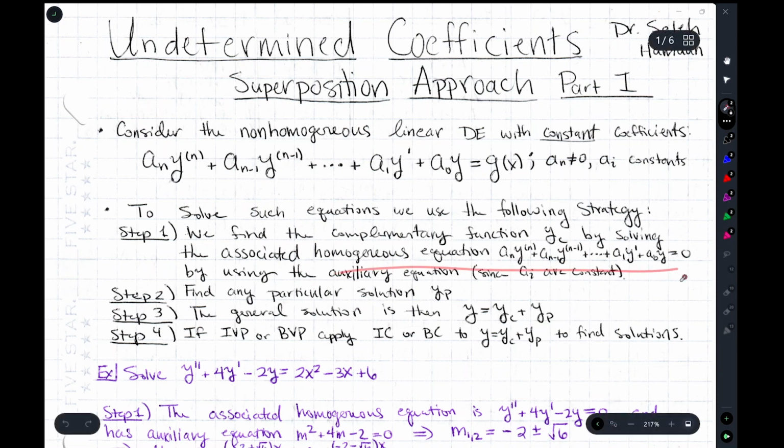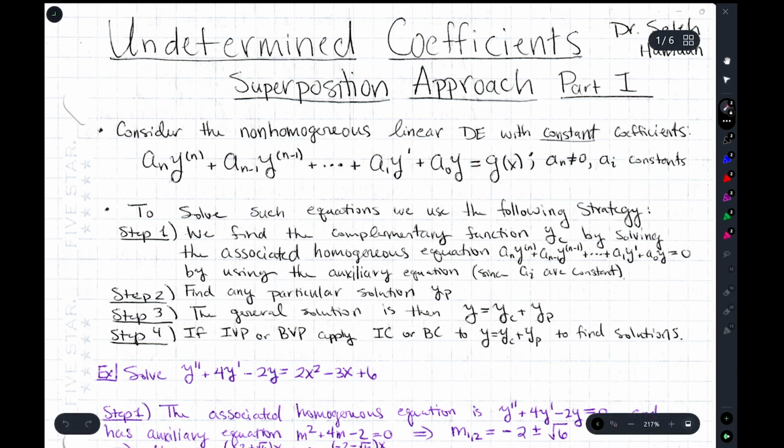Okay, so that's the first part, to get the complementary function by solving the auxiliary equation. Then we're going to find a particular solution, any particular solution. And remember that with a particular solution, we actually get a solution that, on the right-hand side, will respect this g of x.